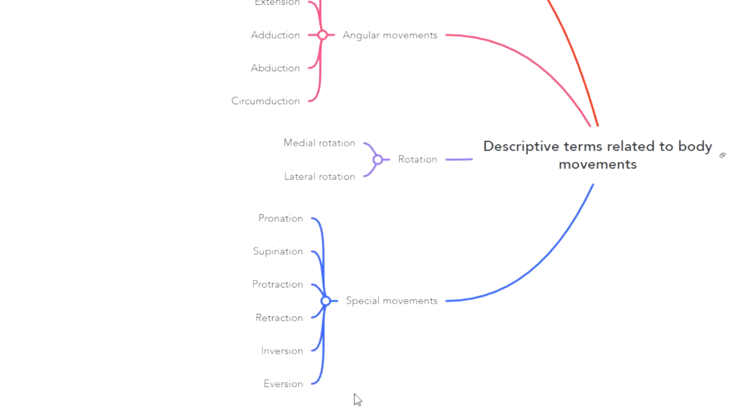Then the special movements, which occur only at particular joints, like pronation and supination, which occur at the forearm; protraction and retraction, which occur at the temporomandibular joint and also at the scapular region; then inversion and eversion, which occur at the subtalar joints in the foot.